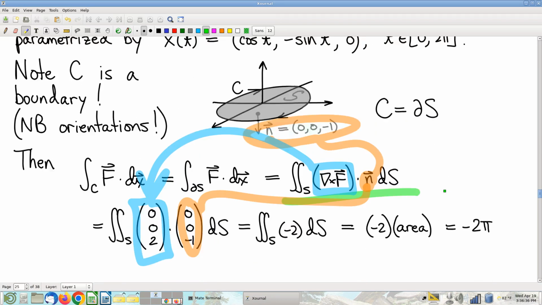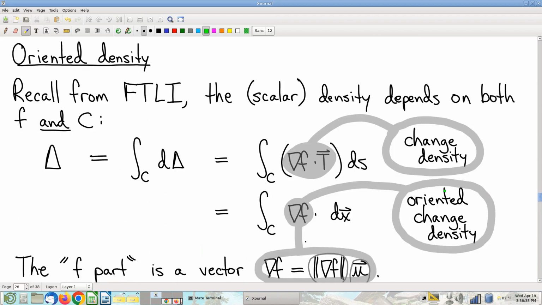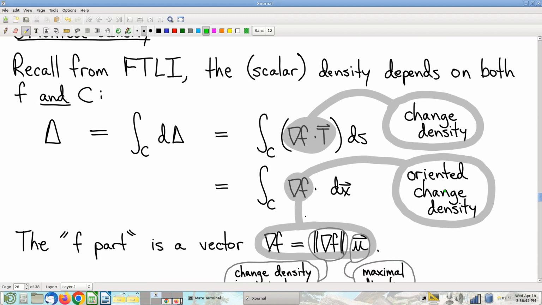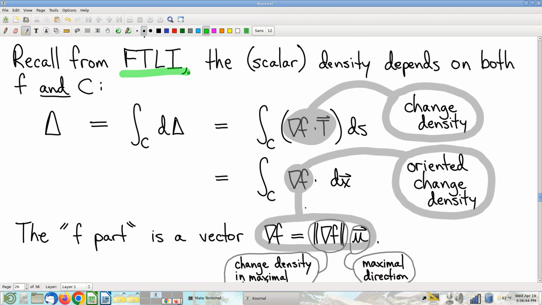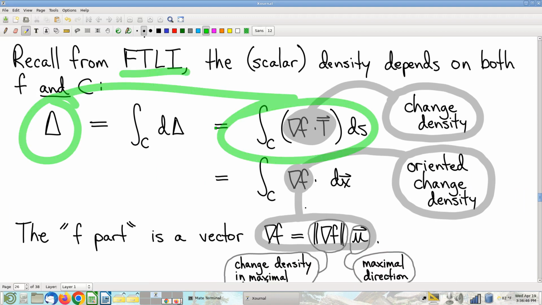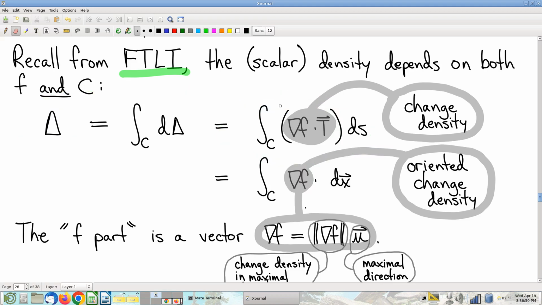So what I want to point out is, eyebrow raising though that is, it is not our first time to see that. When we talked about the fundamental theorem of line integrals, one version of which is this, right? You can see density here, change density, as I like to call it, is partly dependent on the curve.